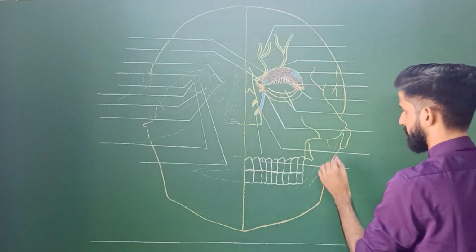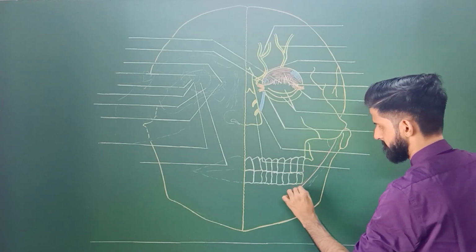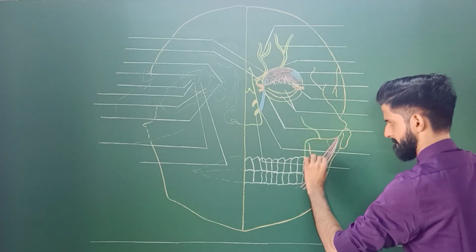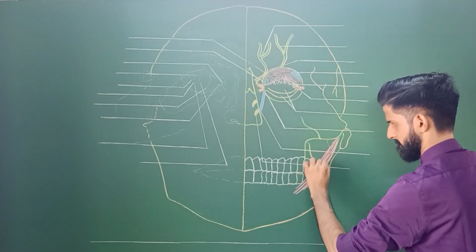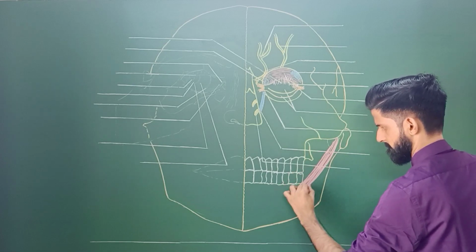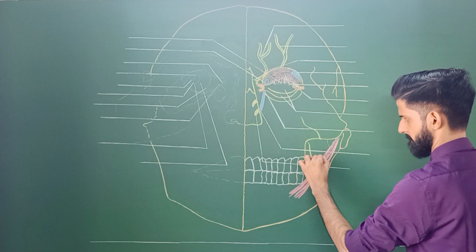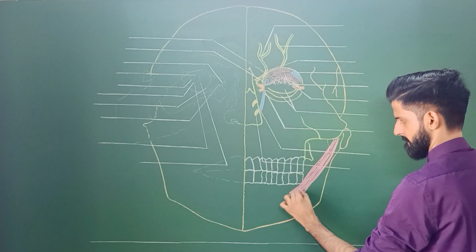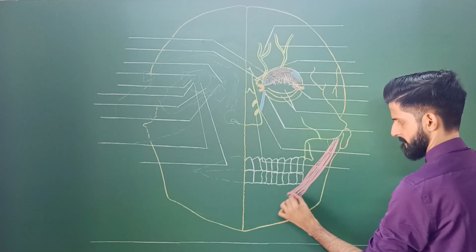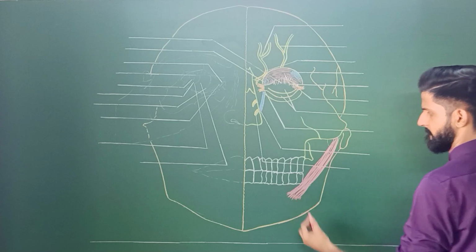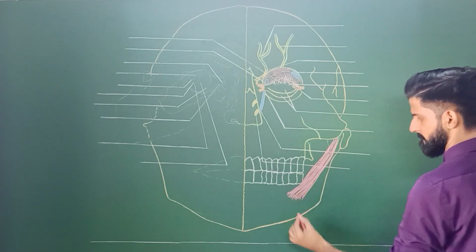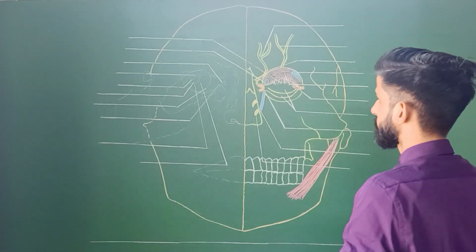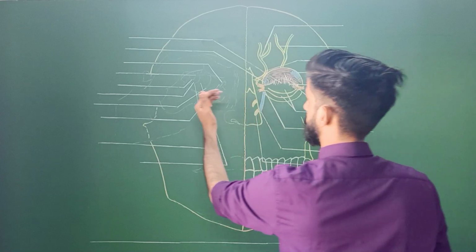Then let us draw a muscular part here. Alright, now the structure on this side.